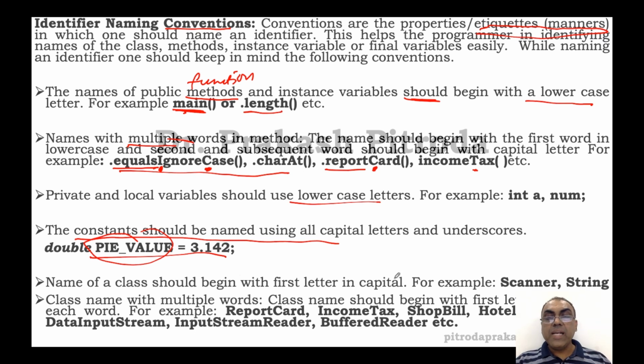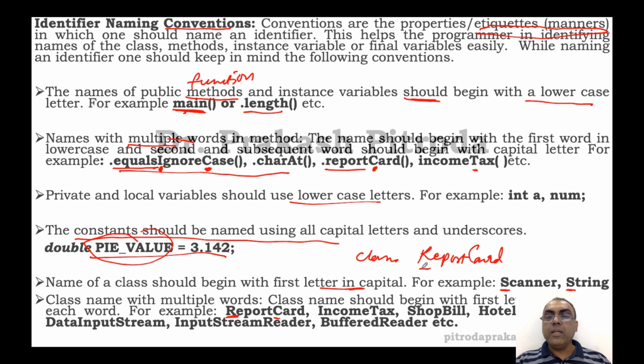If the name is a class name, if I'm creating a class name, then I should begin the class name with a capital. If you write small, it will work, but you should ideally use a capital. So if I'm creating my own class name ReportCard, I'll say R capital, C capital. So I'm going to say class ReportCard.